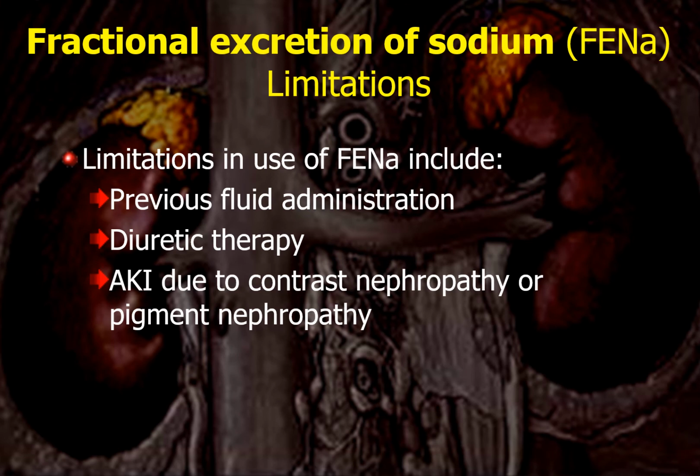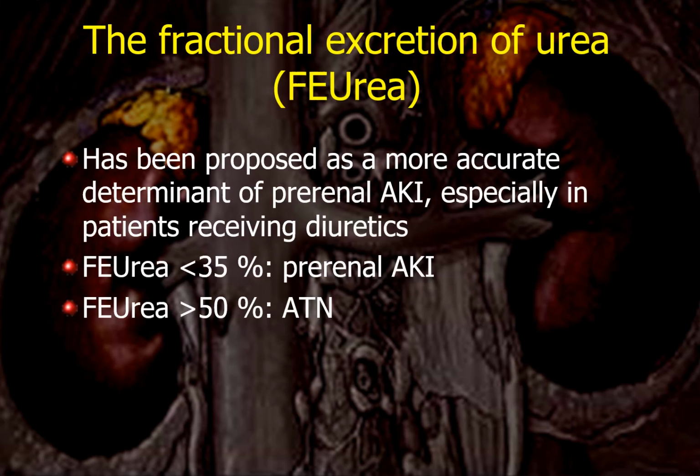FeNa cannot be applied to all cases of AKI, so limitations in the use of FeNa include previous fluid administration, diuretic therapy, or if the AKI is due to contrast nephropathy or pigment nephropathy. In cases where we cannot use or apply the fractional excretion of sodium, we use the fractional excretion of urea.